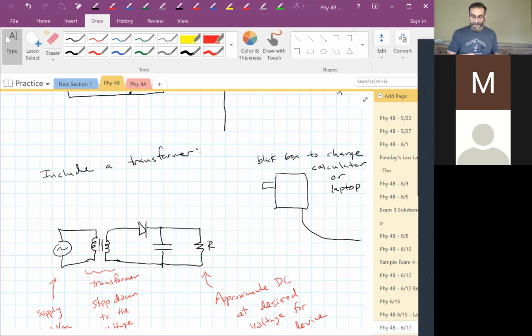But the biggest benefit is that we can transmit power from one place to another without losing all of it. We can minimize the power loss during transmission by transmitting it at super high voltages and small currents, and then using transformers to step it down when you get to where you need to be.